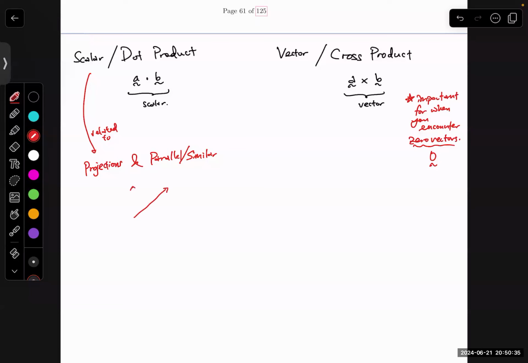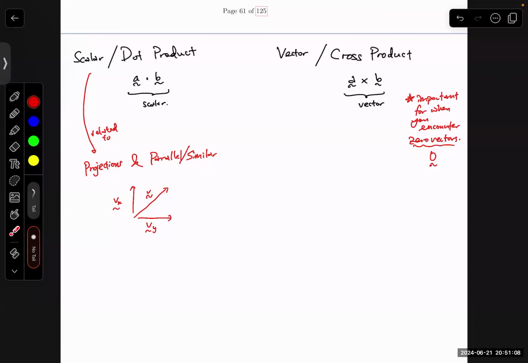For example, vector V, we can decompose it into two parts: the X component of vector V, and the Y component of vector V. So why do I mention that dot product has something to do with being parallel, or with similarity?